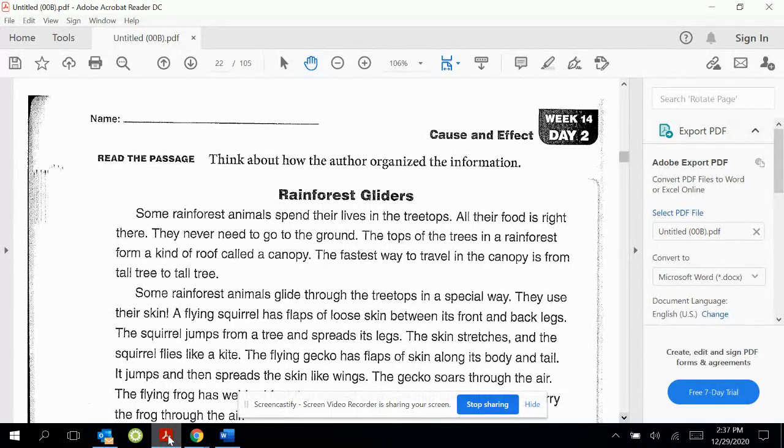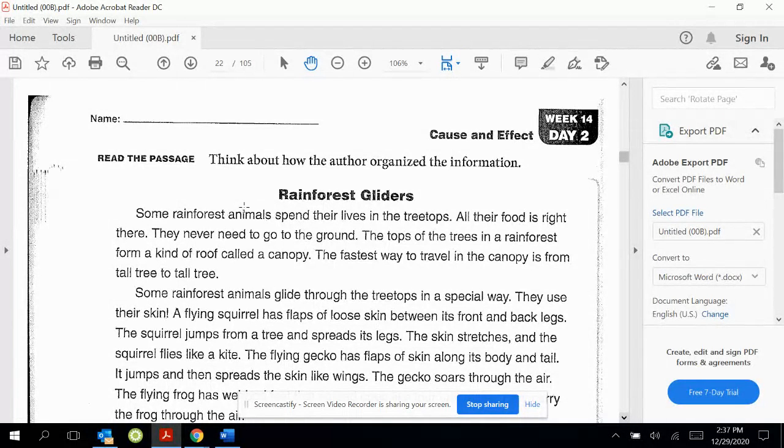Remember the organization strategy that we talked about before, that papers are always organized in a certain way. Sometimes writers organize their passages by cause and effect. The instructions say, think about how the author organized the information.